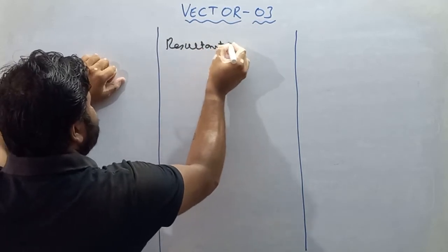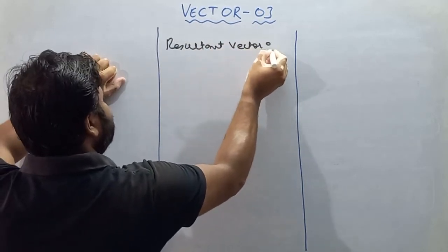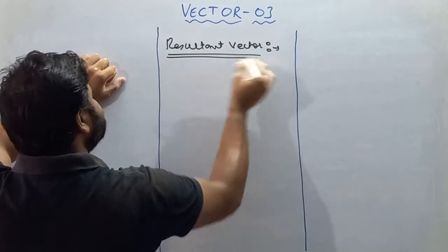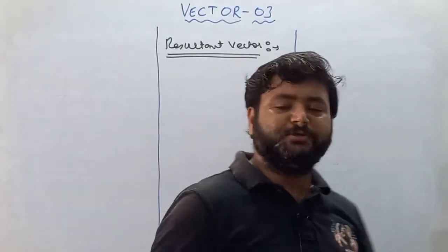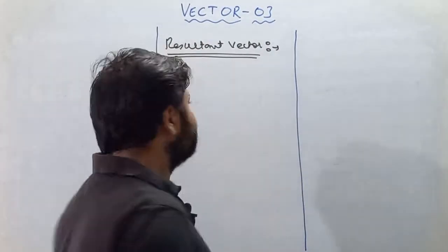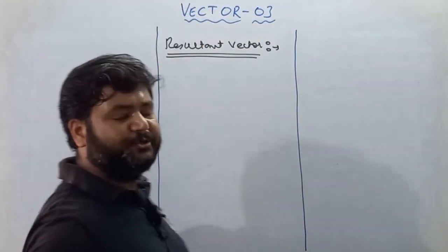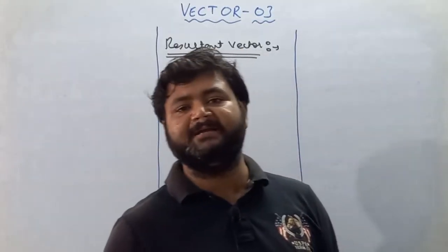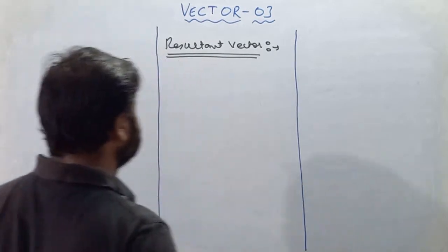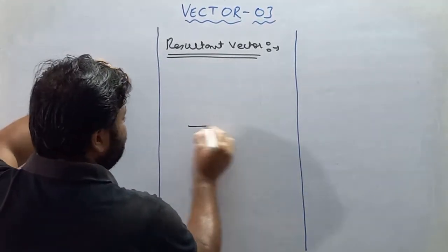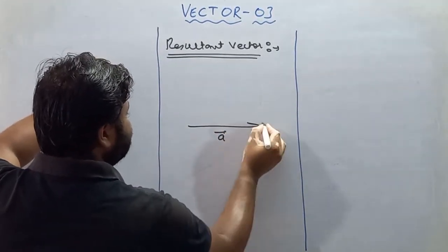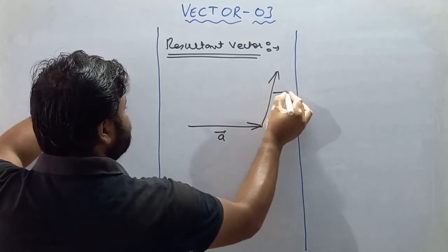Resultant vector. So my dear student, basically let's suppose we have two or more than two vectors. For a resultant vector, you need more than one vector. Let's suppose we have one vector as A vector and the other as B vector.